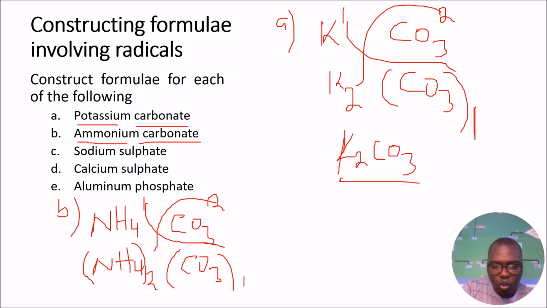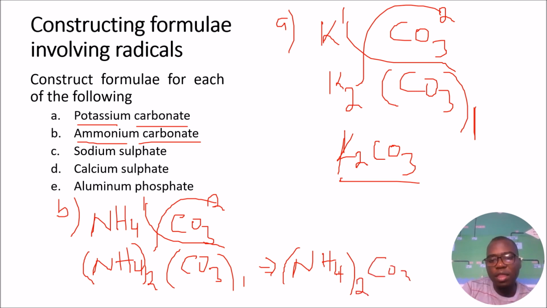But if it is 1, then the brackets will go. So therefore, the final answer here is going to be NH4. You enclose, you write your 2 here, it remains, and then CO3, and remember this is capital letter O, so CO3.